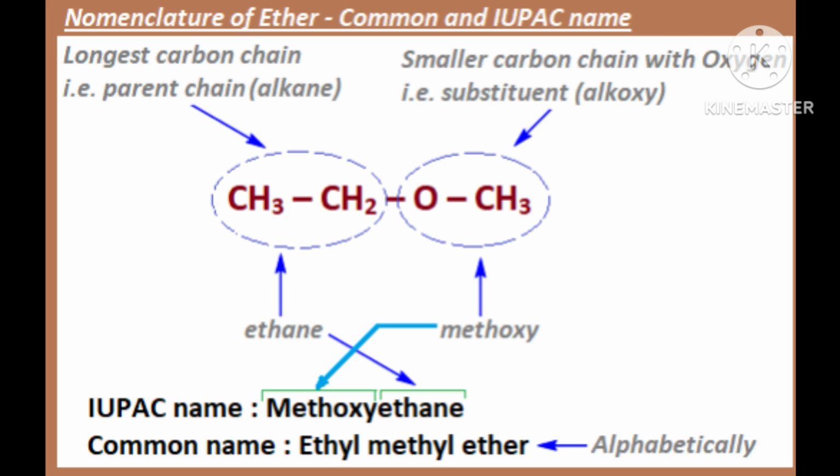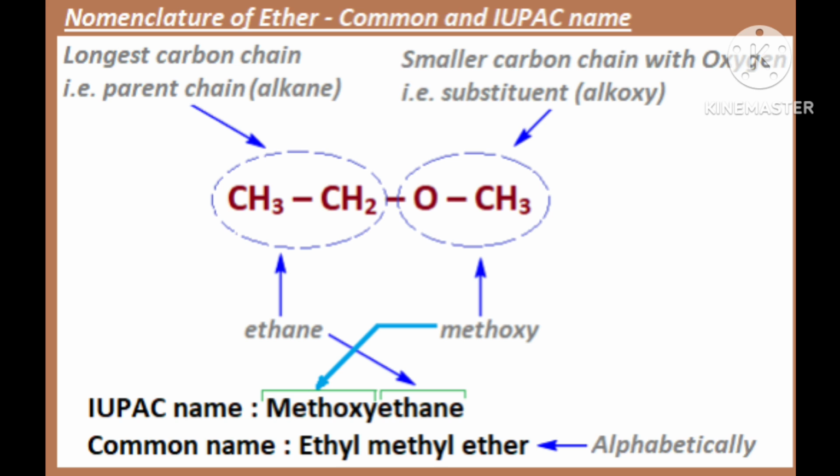Now I am telling you another example, C6H5O CH3. This common name is anisole. Anisole. The other common name is methyl phenyl ether, because one side is phenyl and the other side is methyl.